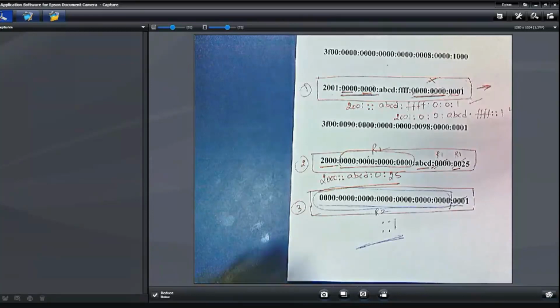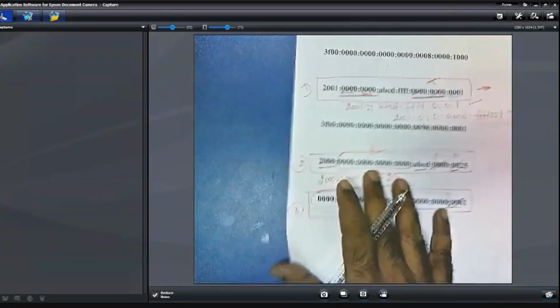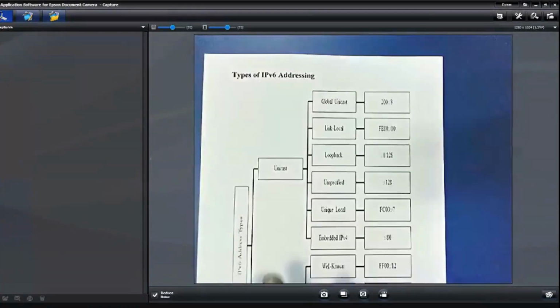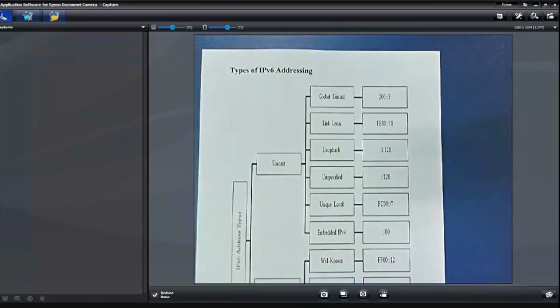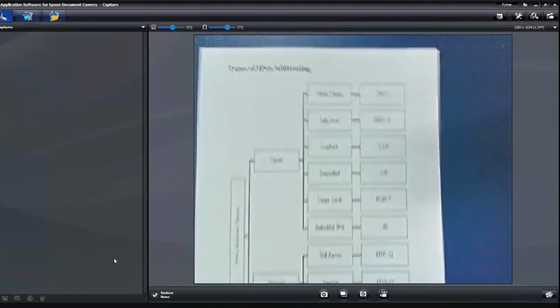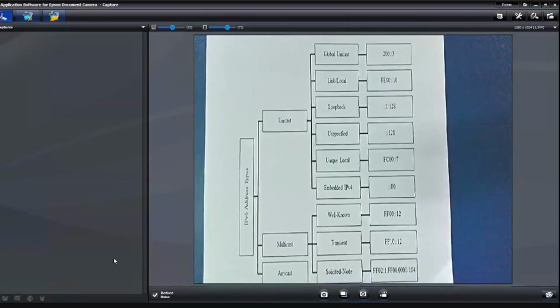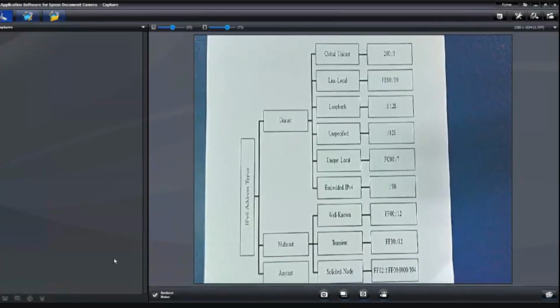Now I want to go for the last one in this lecture. I'm giving a summary, the overall idea. The next one is very important. Somebody sent me a mail long back: teacher, can you repeat IPv6 address? Now, see, the next one is IPv6 address types.